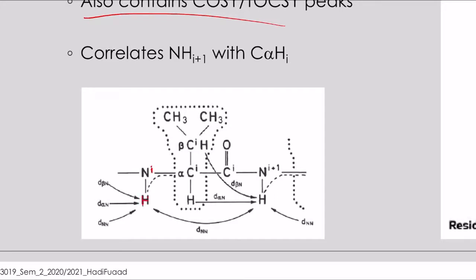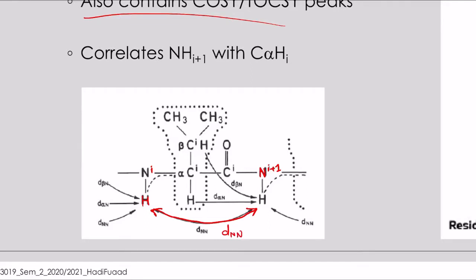Then this one is Ni plus 1, meaning the adjacent amino acid. So you will see a dipolar coupling between the amide protons, what we call dipolar coupling of N to N.